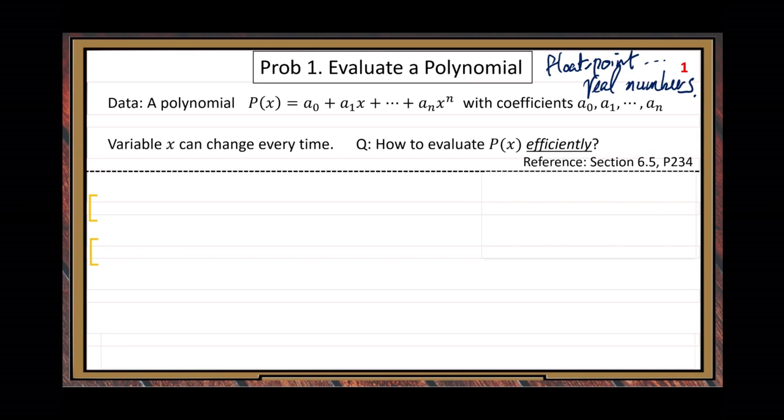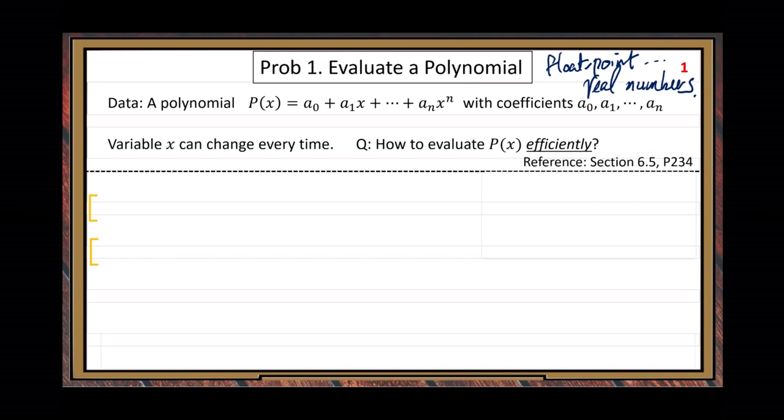The coefficients, after we select them, are fixed for one particular polynomial. Then we can change the value for x, so we can calculate the values for the given polynomial.